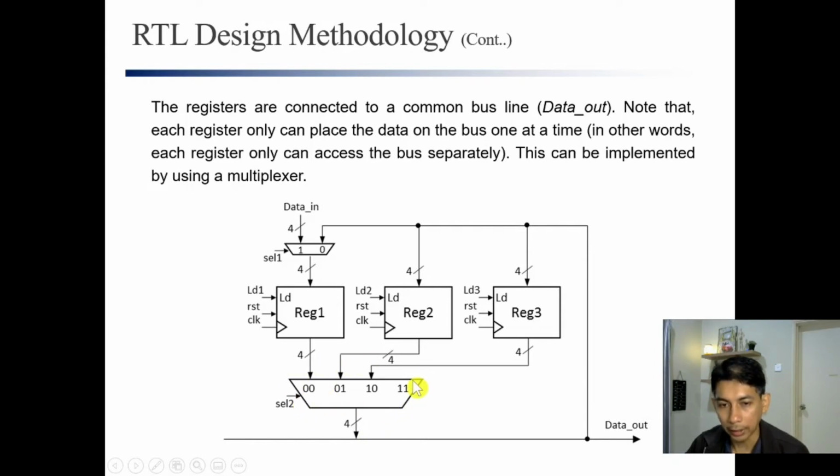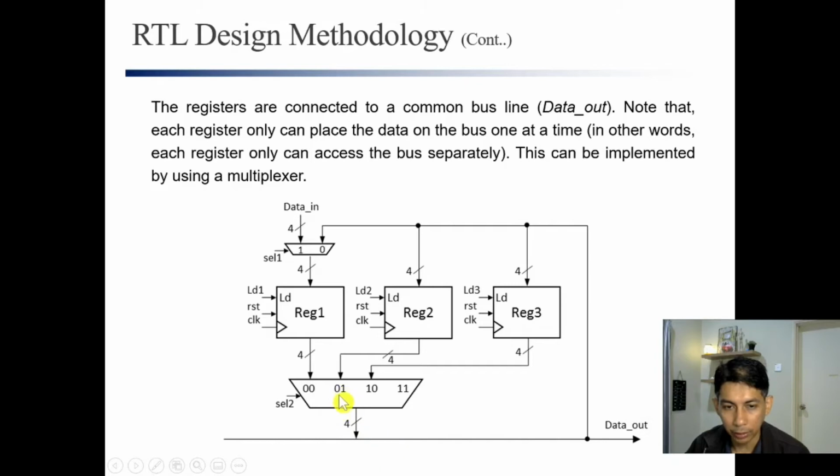This is one of the methods by which we isolate the data from the many registers or sources that can enter the bus. At one time only one data is allowed to enter the bus. For example, in this case, if we set this to 00, then only the data from REG1 is allowed to enter the bus.